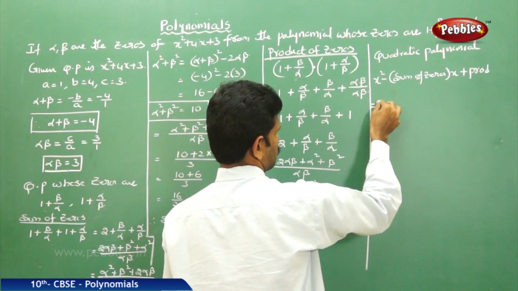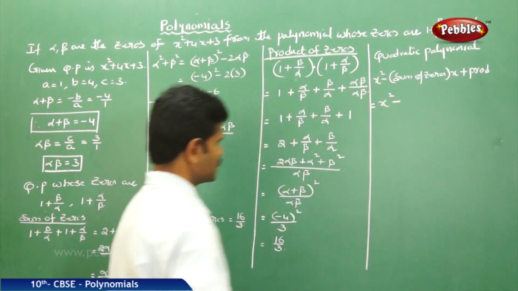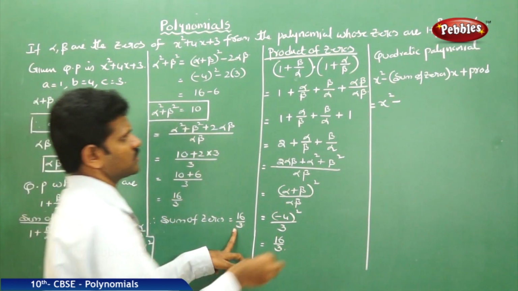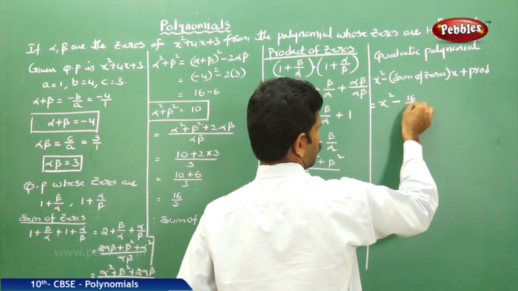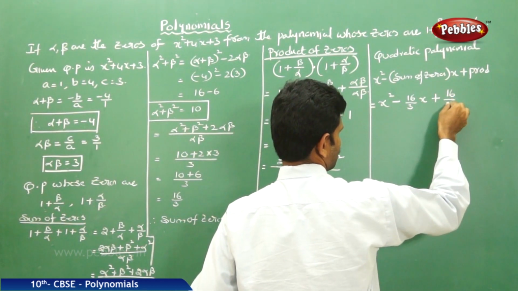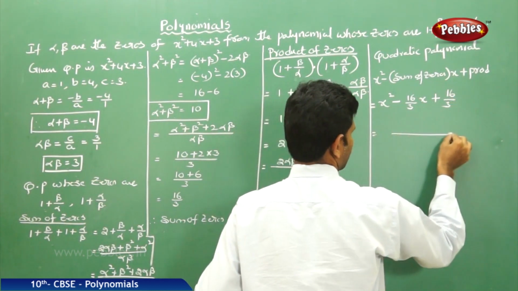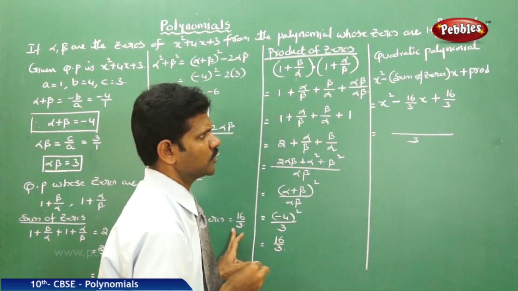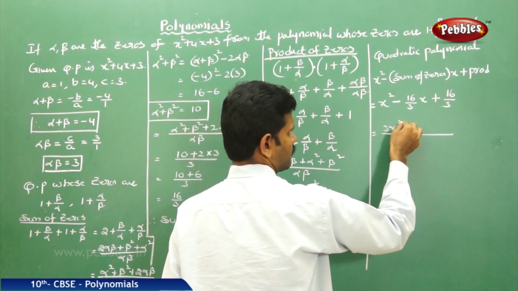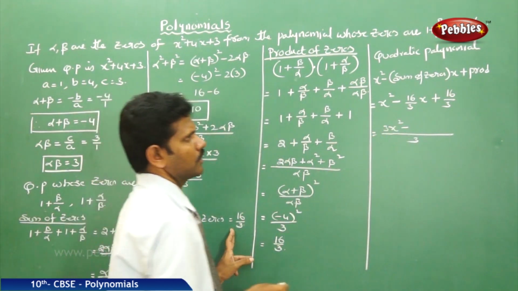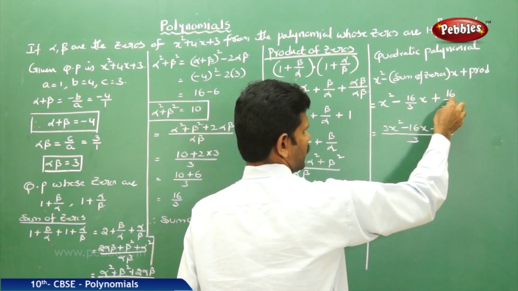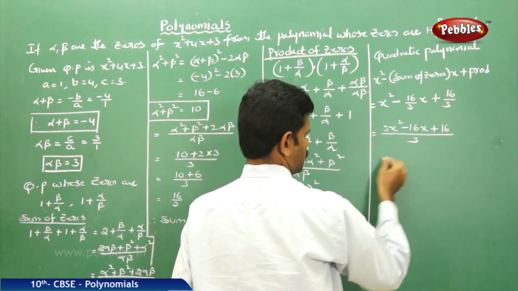that is equal to x square minus sum of the zeros, nothing but 16 by 3, into x plus product of zeros, which is also 16 by 3. Now write the LCM, 3 is the LCM. Now 3 times x square is 3x square minus 16x, 3 gets cancelled, plus 16.